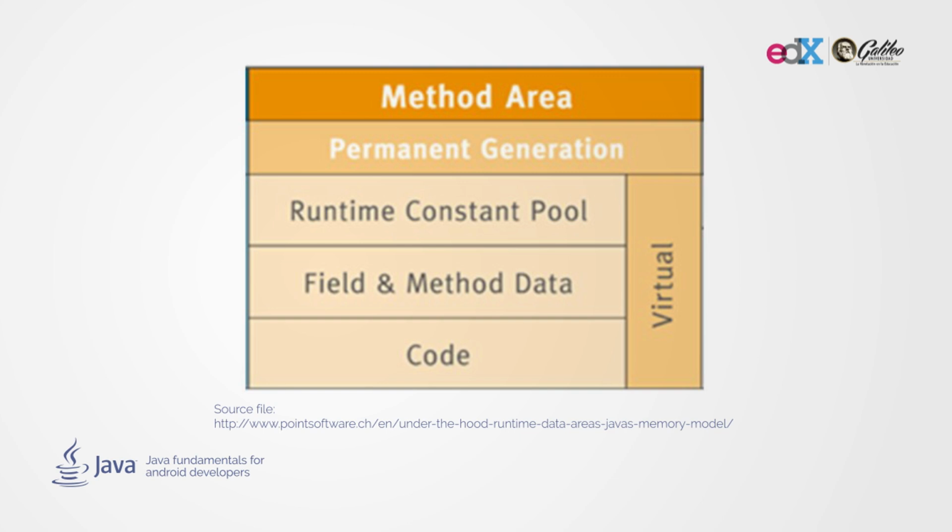If you need 1,000 classes, we will store them in this space. That is the problem when you get a permgem space error. The space is small and you are loading a lot of classes. Maybe you have to review if you are loading the right number of classes. Maybe you are loading a lot of classes that you don't need. Or maybe you have to increase the size of this space.